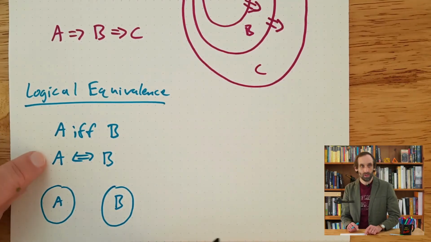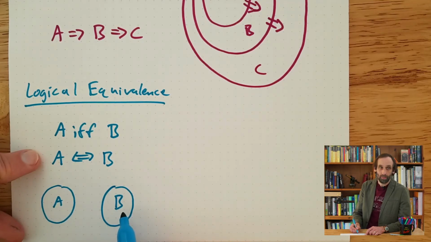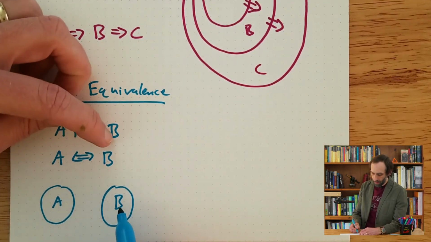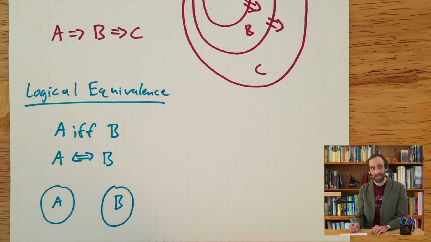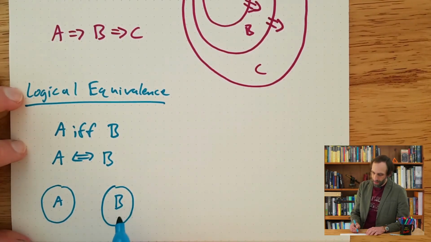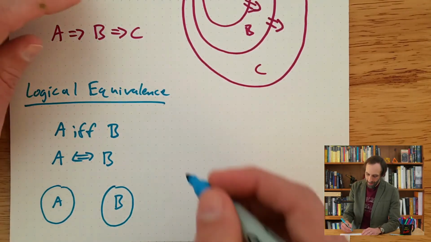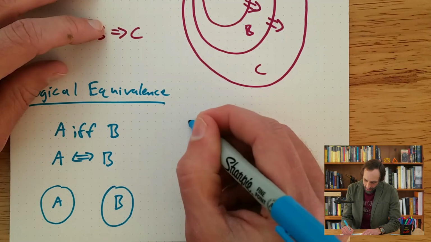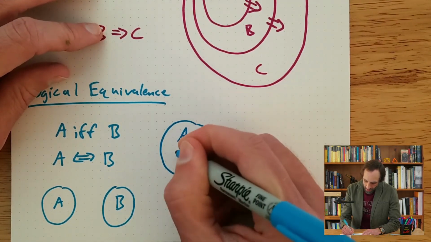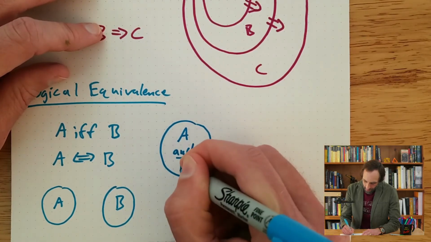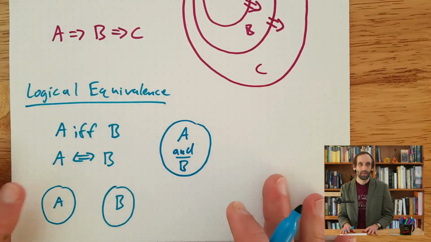Well, if we look at this, we'll realize that everything in A must be in B. But because the implication goes the other way too, everything in B must also be inside A. So A is inside B and B is inside A. What that means is that we really just have one set. Okay? We have one set which is A and B. A and B are the same set in this case.